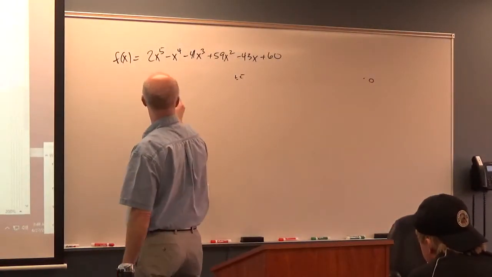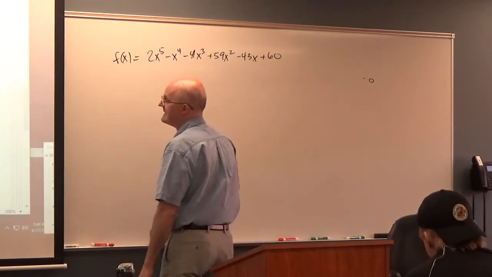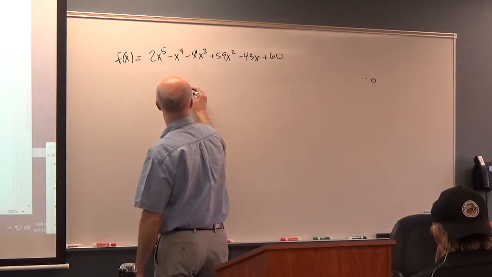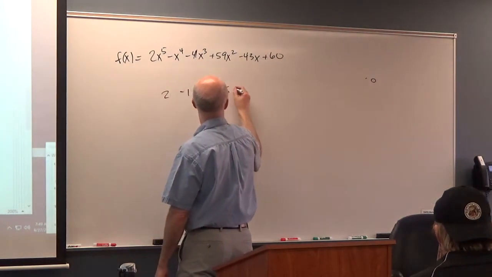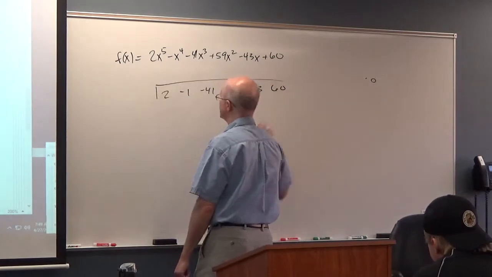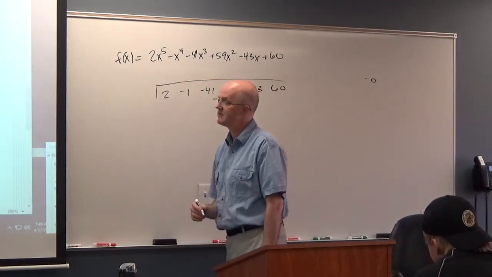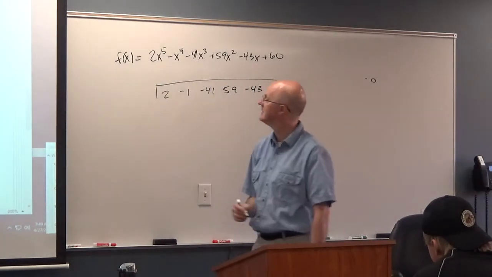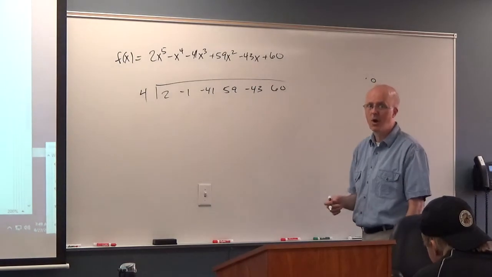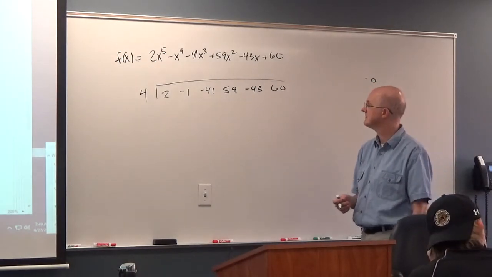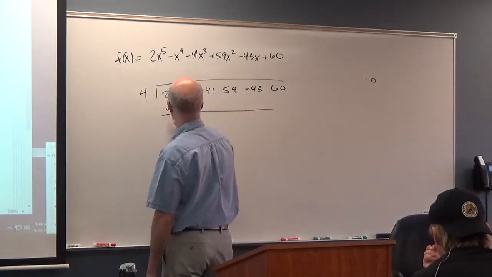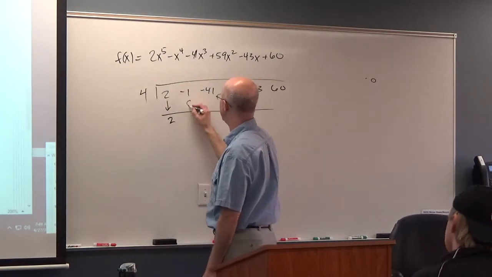So you look at that picture and you say, it looks like, for example, 4 is a root. So if I set up a synthetic division, which is effectively dividing by x minus 4, by putting a positive 4 here and doing the synthetic division procedure, hopefully we should get a remainder of 0. Let's see if I can do this without a calculator here. Bring that 2 down. 4 times 2 is 8.